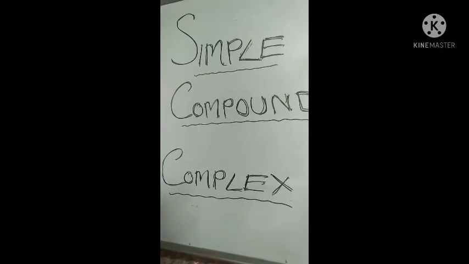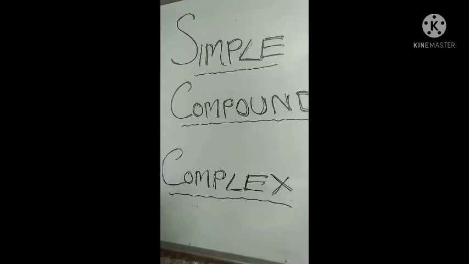And what about a dependent clause? A clause that has a subject and a predicate like an independent clause but cannot stand alone as a sentence. It is always a part of a sentence on which it depends for meaning.